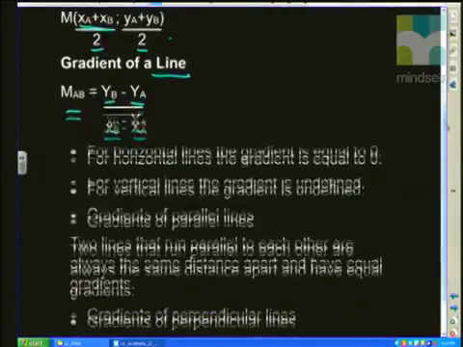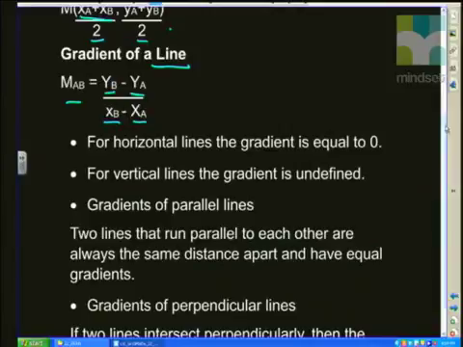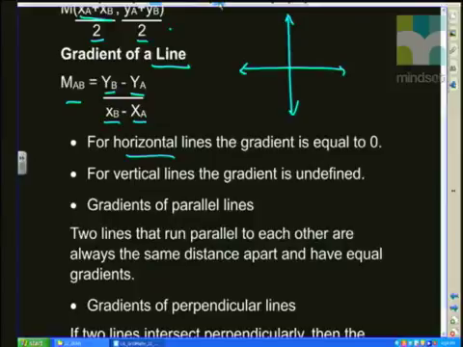Now what I also want to remind you about, just touching on gradients, is that when we look at horizontal lines, so if this is your axes, if you have a horizontal line, that's a line going straight through the y-axis, the gradient of that line is equal to naught.